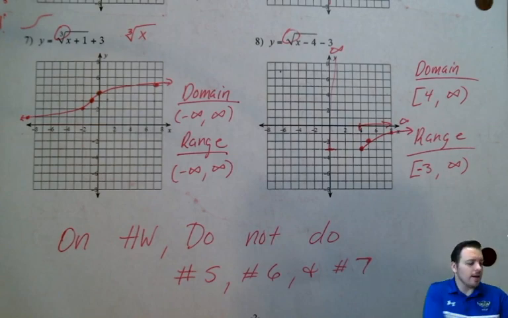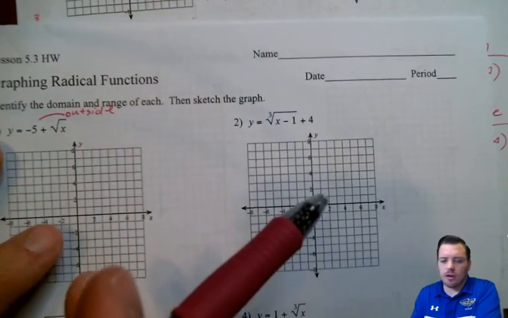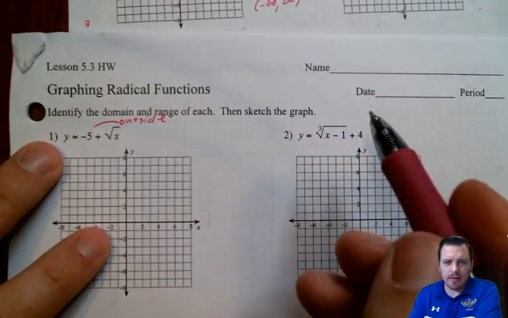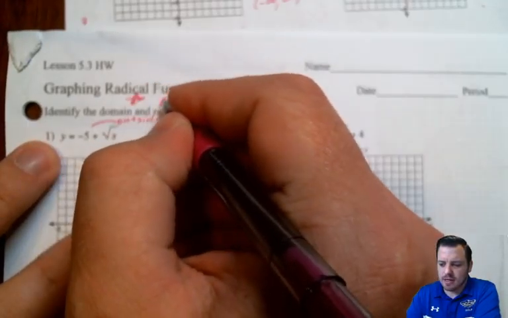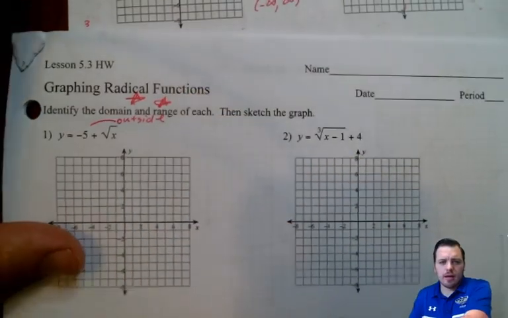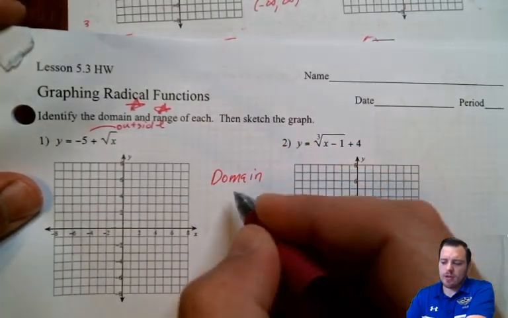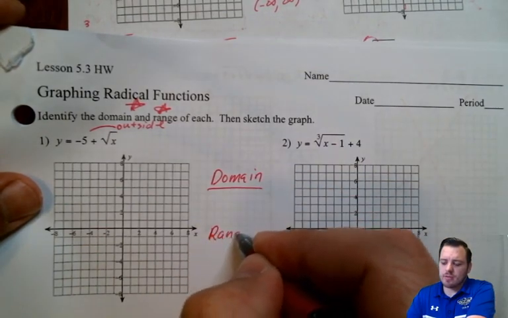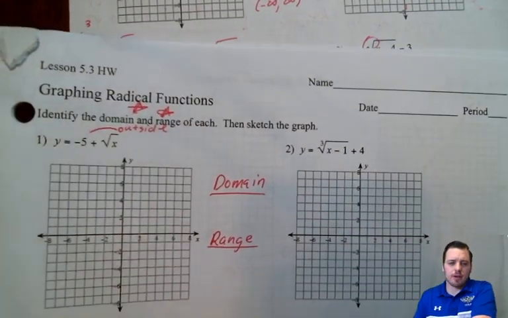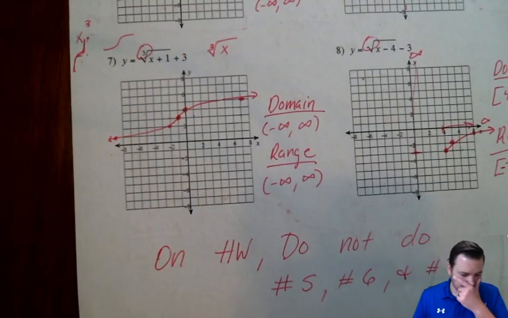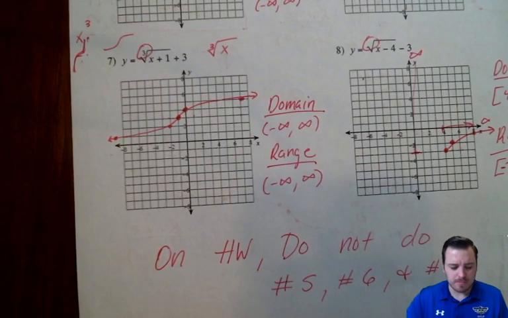Make sure on the homework you do the domain and range, though. It says identify the domain and range of each and sketch the graph. So make sure you do domain and range, and then sketch the graph. If you want to do that early, you can go ahead and do domain and range for each one. Domain and range for even the ones on the back, too, guys. Shouldn't be that bad of homework.